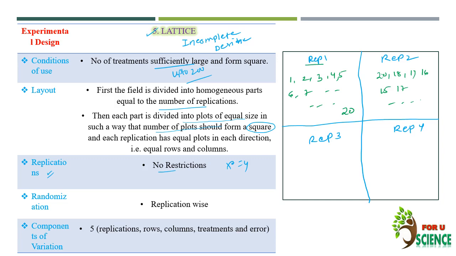Okay, and here we can see the randomization is going replication wise, not row or column wise.